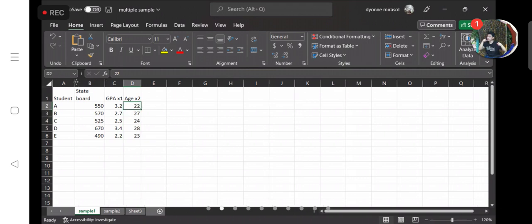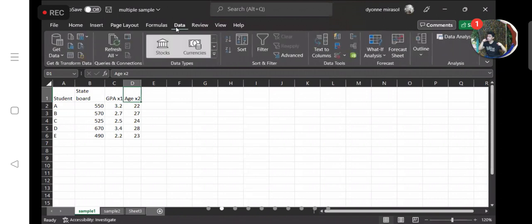So, using our Excel, Excel is a program that can solve regression right away. To do that, in your Excel, go to the Data tab, and then Data Analysis.